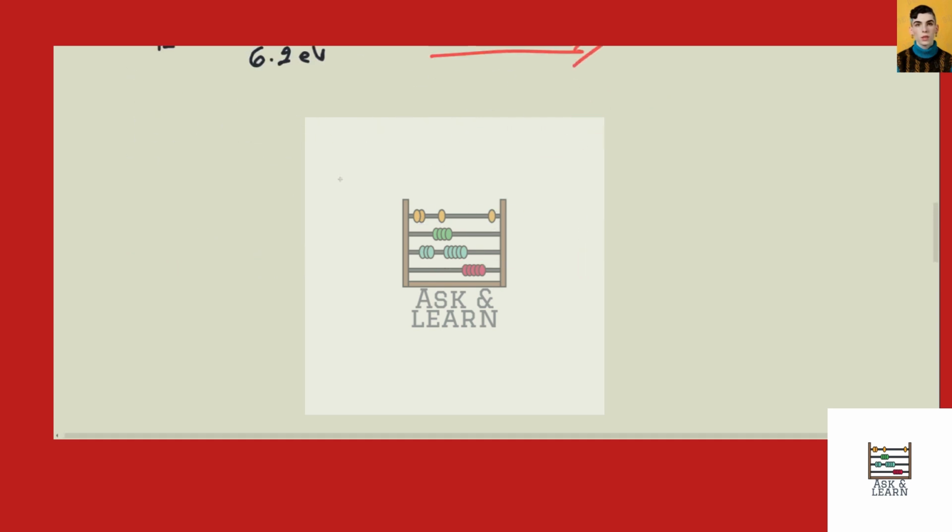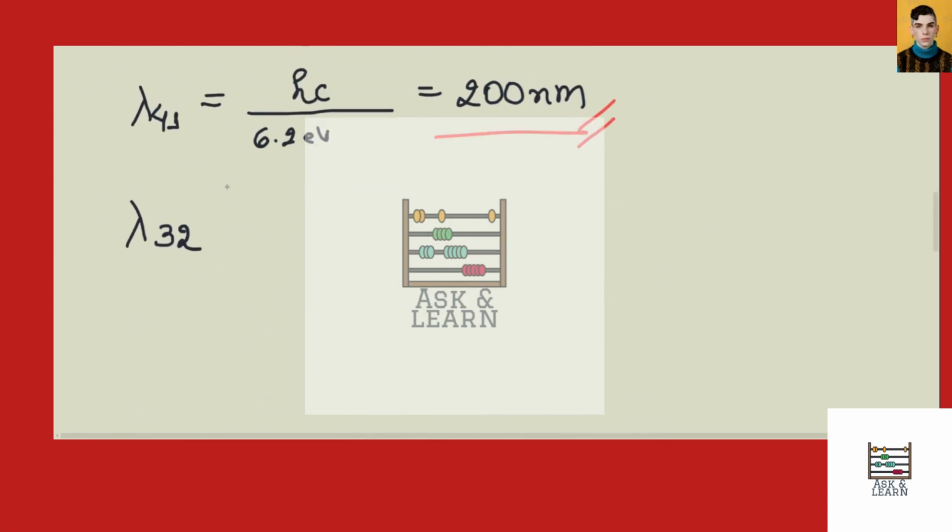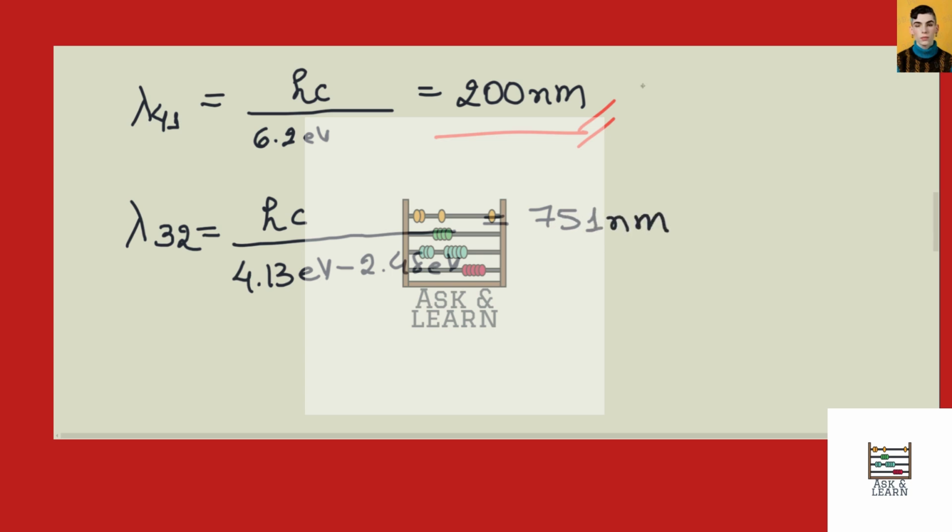Now, the wavelength for the transition from state 3 to state 2, which is this arrow here, is hc divided by 4.13 eV minus 2.48 eV. This is equal to 751 nanometers.